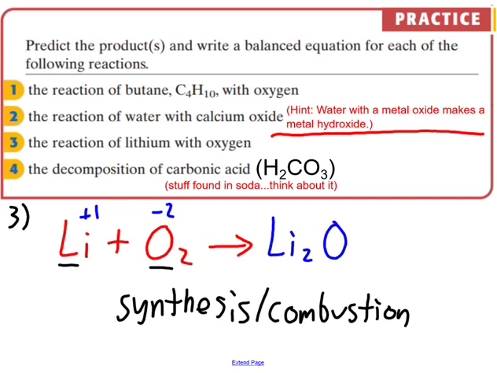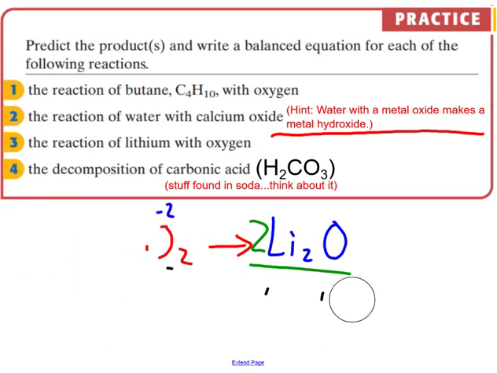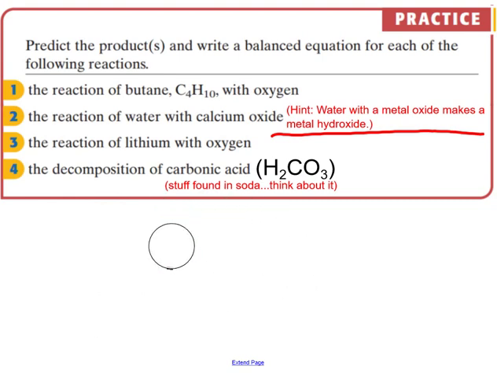And of course, the next thing I would expect is balancing. So I was deficient in oxygen on the right side, so I put a 2 in front of the lithium oxide, and that made my lithium go up, so I put a 4 here to fix that. Alright, one more time, I'd advise pausing, so we can go ahead and get a look at number 4.